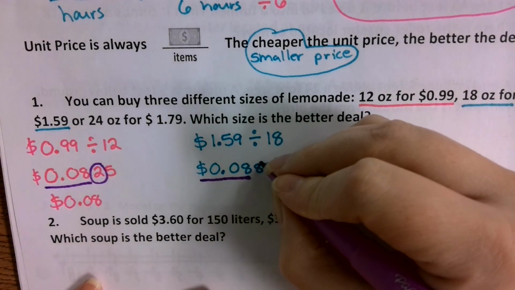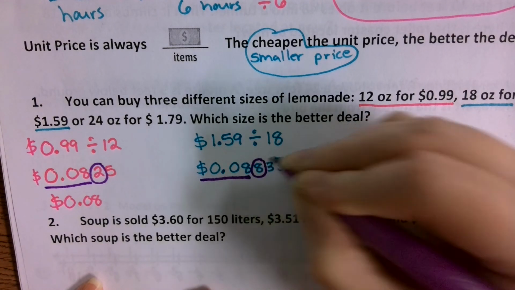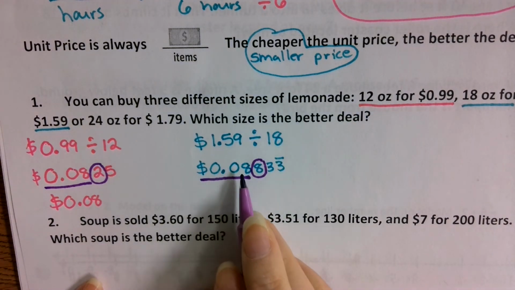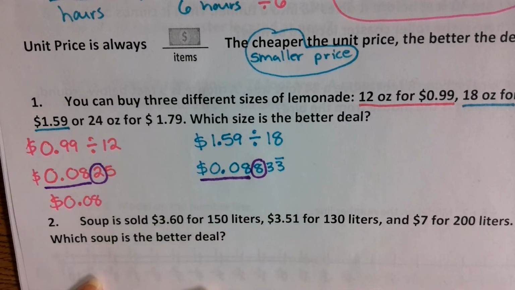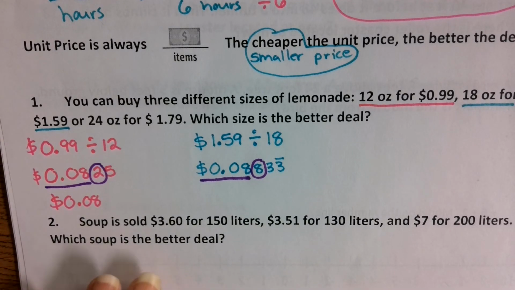The number directly behind that is going to tell me either to keep it at 8 cents or round it to 9 cents. Am I going to keep it or round it? Round it, right? Do you guys remember the saying? If it's 4 or below, you just let it go. You leave it alone. If it's 5 or above, you give it a shove.